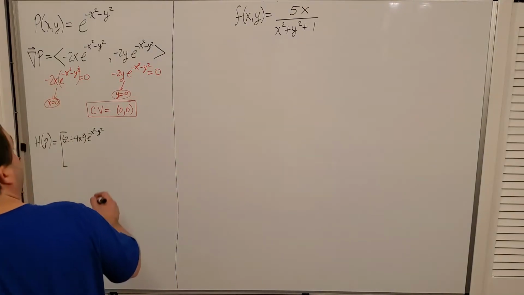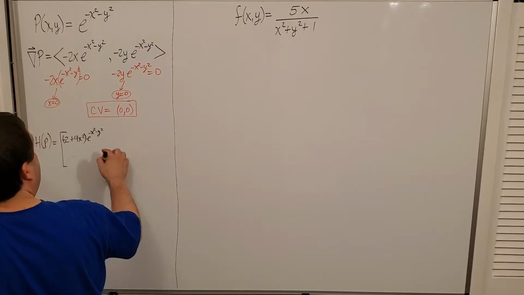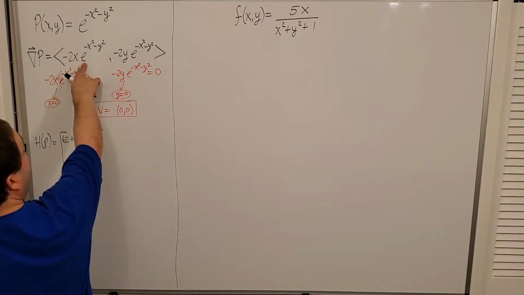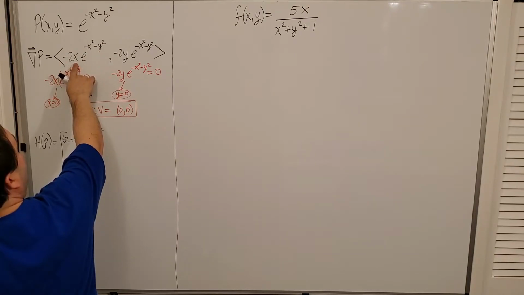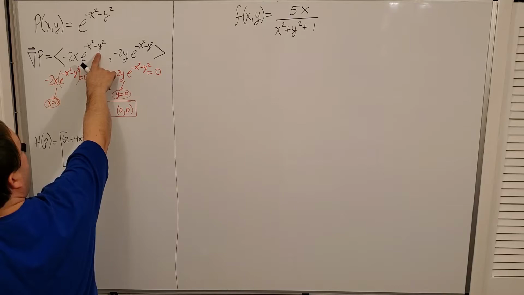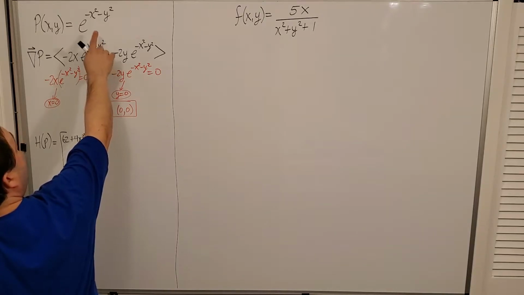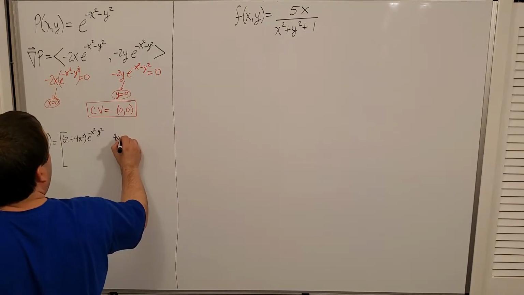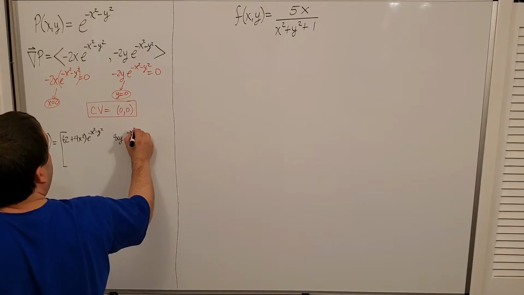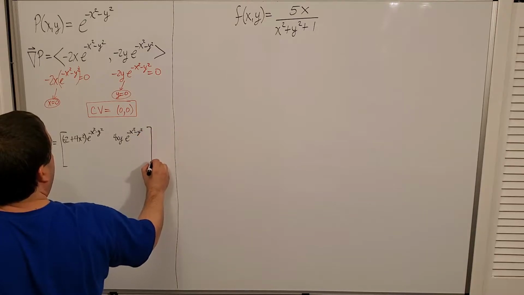Okay, so then the next point will be the y derivative of this guy right here. And there are no y's multiplied, it's just the y up in here. So I'm going to end up with a negative 2y chain rule, which is going to give me 4xy e to the negative x squared minus y squared.